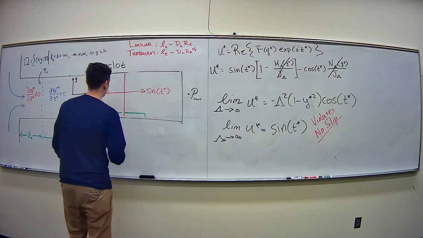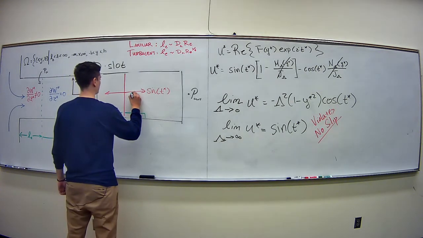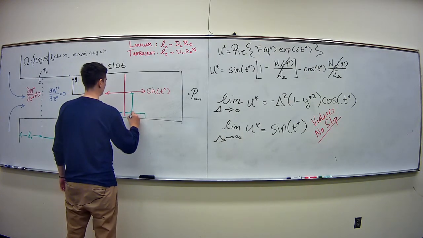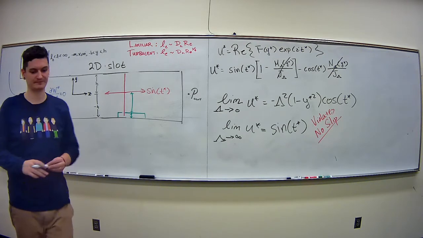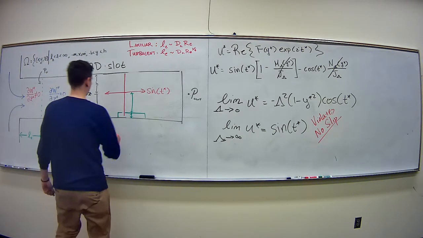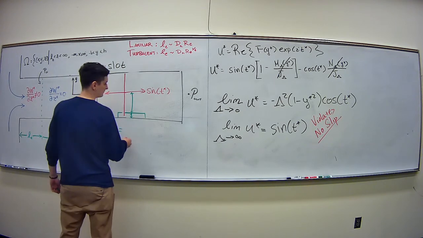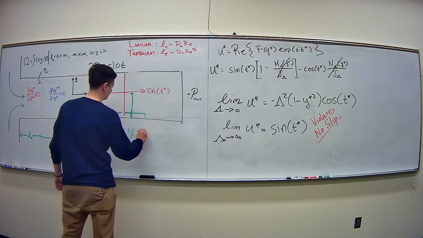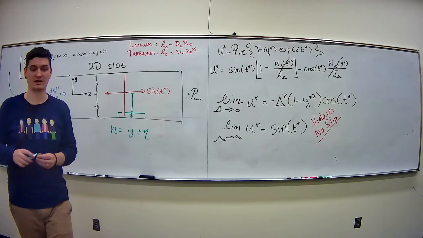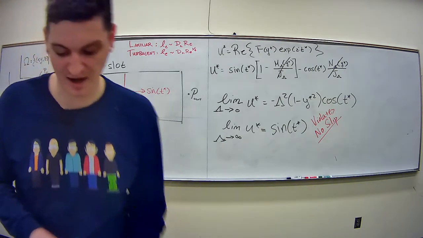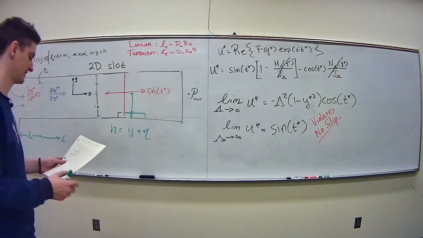So one way to think of this then is if I have just these coordinates here, I really can still think about it this way. Okay, I know that h has to be the summation of my y coordinate plus some other coordinate I'm going to call eta, some sort of length scale.